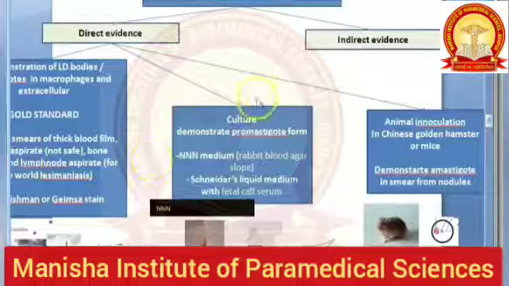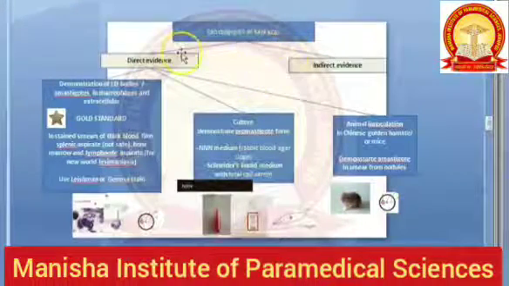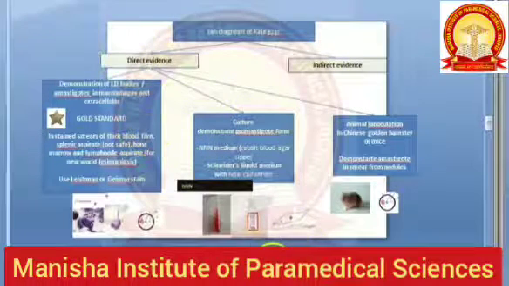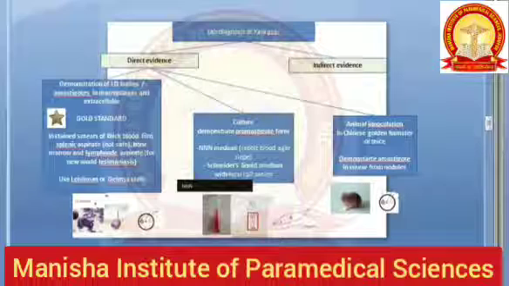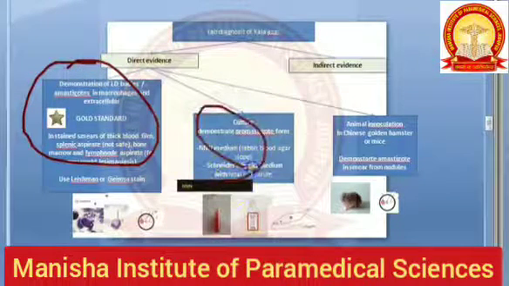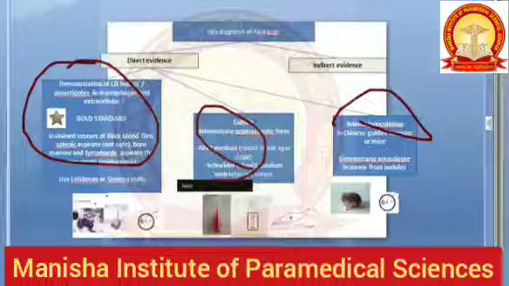Now we will move on to the lab diagnosis of Kala-Azar. There's direct and indirect. In this slide, you are able to see only the direct. Under direct, you have demonstration of LD bodies, culture, and animal inoculation. You have to demonstrate either the amastigote or the promastigote.